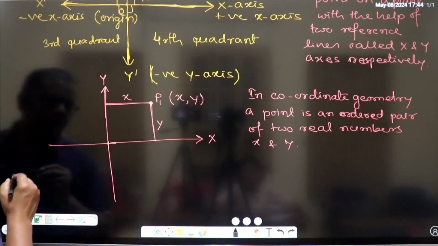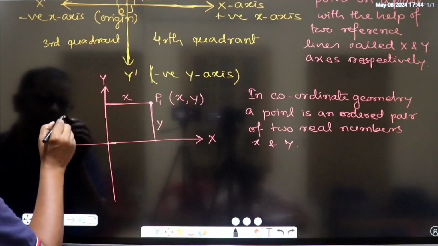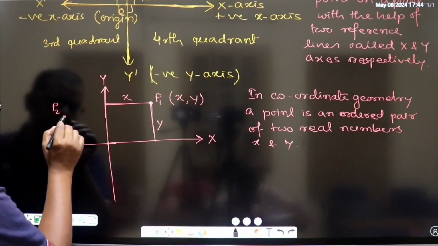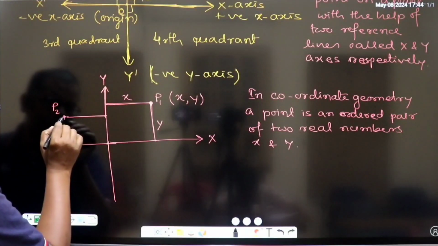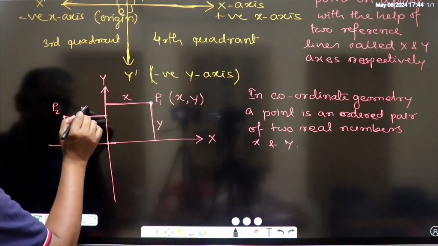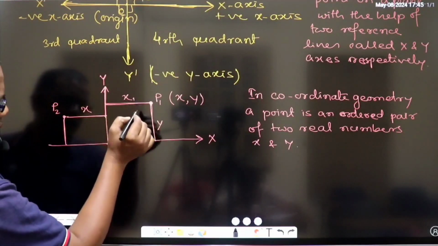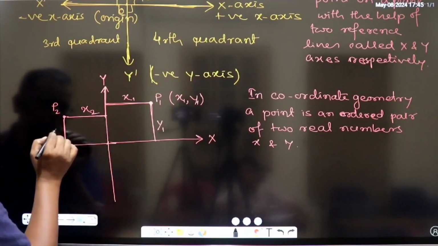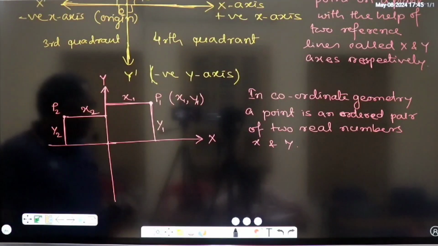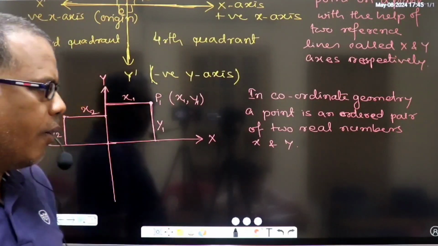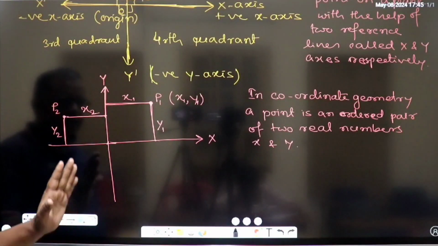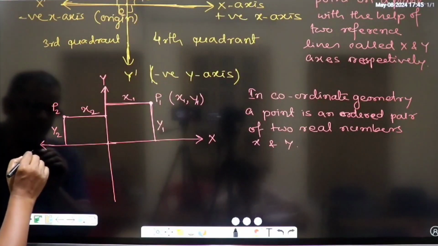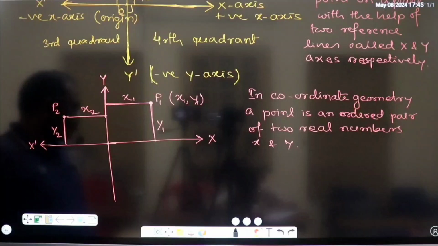On the other hand, if I consider a point P2 in the second quadrant, here also we will measure the distance of the point from x and y. Suppose here it was x1, y1, here let it be x2, y2, right? The distance of the point P2 from the reference line y-axis is x2, and the same point is above the x-axis at a distance of y2.